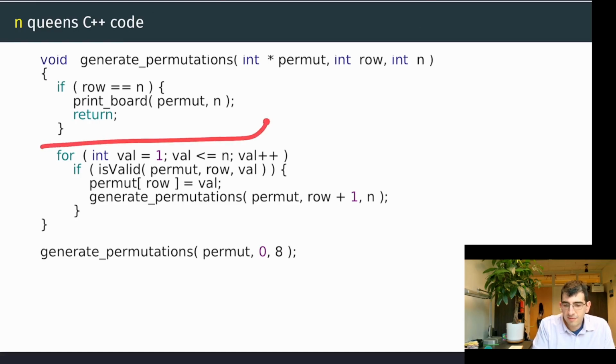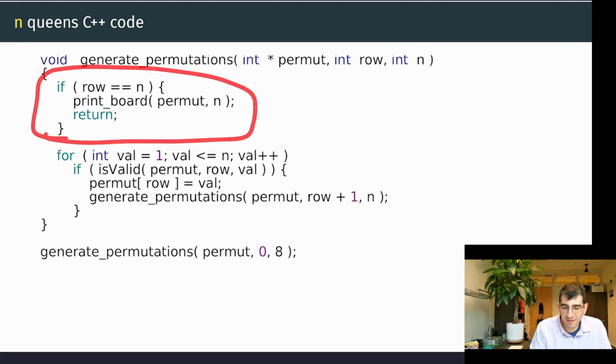So the base case is if the number of queens becomes the number of rows, then we print the board. We reach a valid permutation.